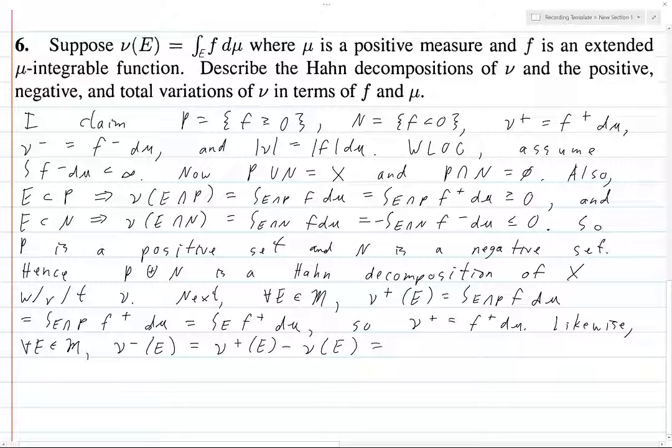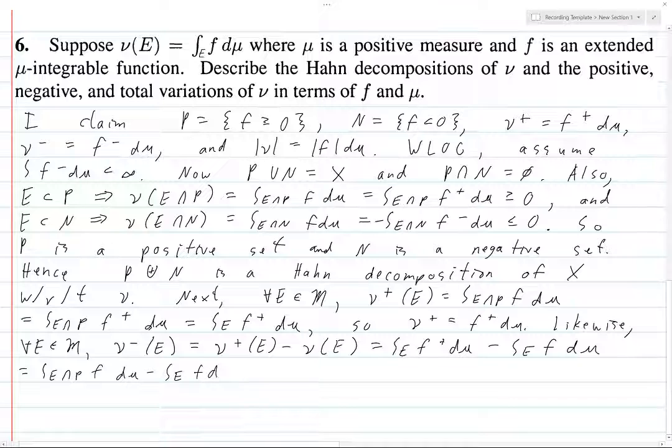Okay, and so what is that? We already know this is the integral over E of f plus d mu. I'm going to subtract the integral over E of f d mu. And so what's going to happen here is that this is equal to the integral over E intersect P of f d mu minus the integral over all of E of f d mu.